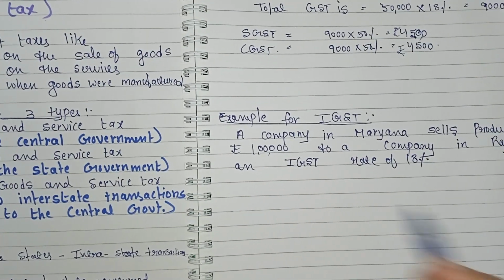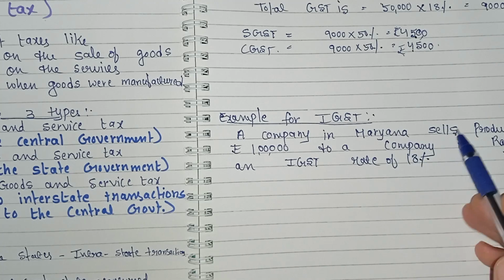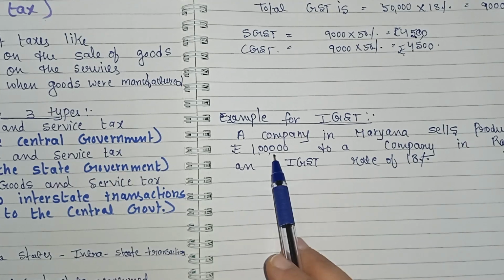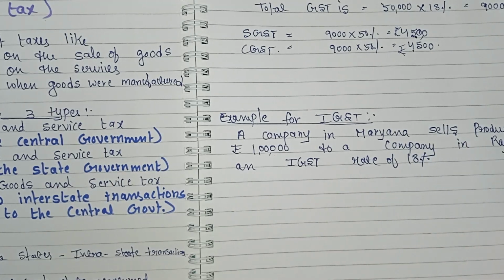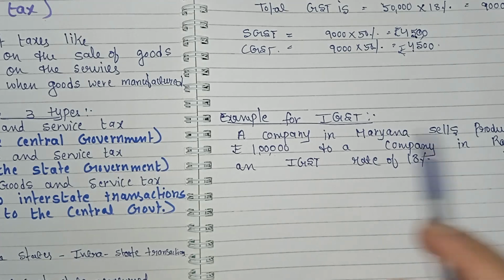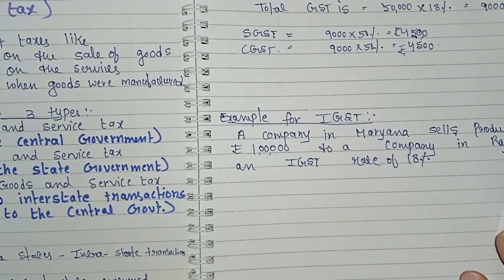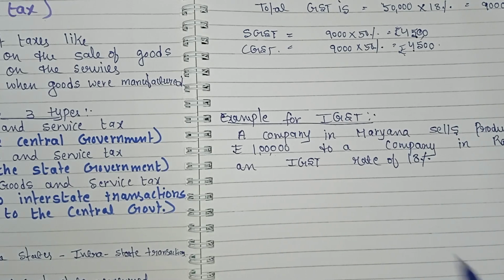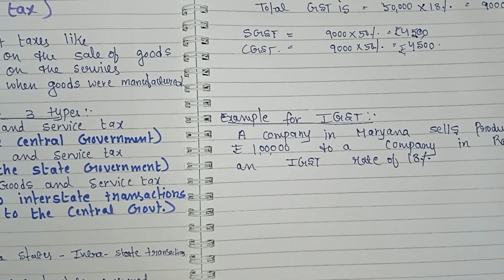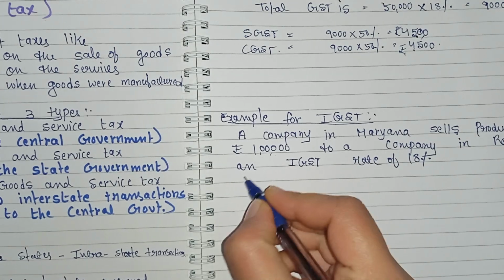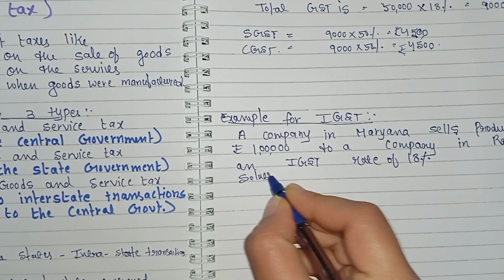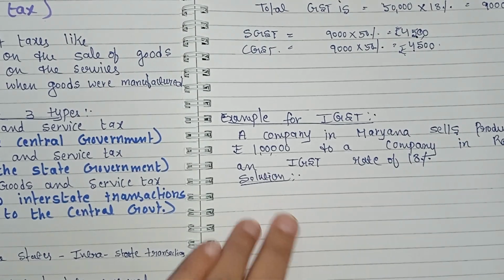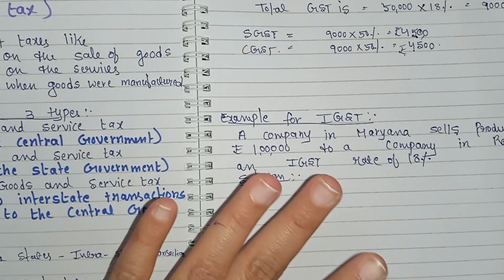See here, the example is a company in Haryana sells products worth rupees 1 lakh to a company in Rajasthan. See here, two different states, Haryana and Rajasthan, at an IGST rate of 18%. First, we need to identify the supplier location.